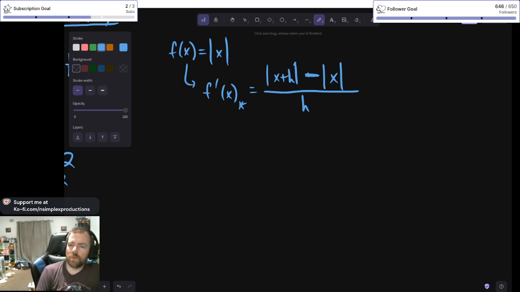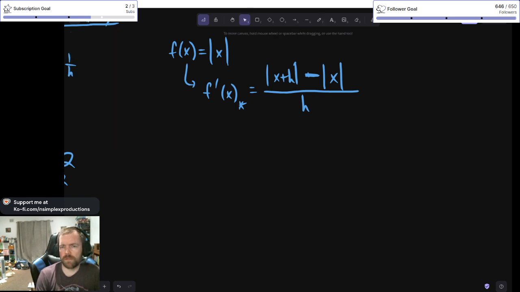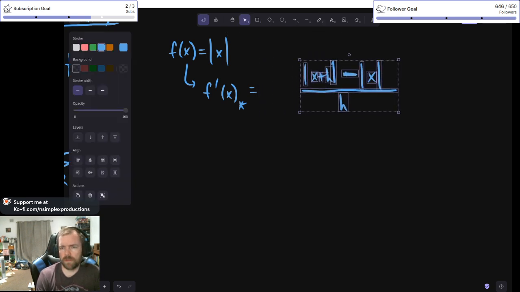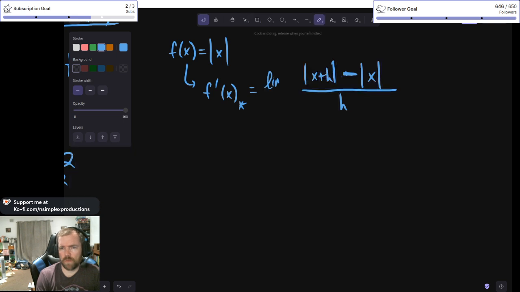Okay, so what do we get when we have something like this? Again, this limit as h goes to 0. There's no real way to make this nice, but we can break it up as the definition.